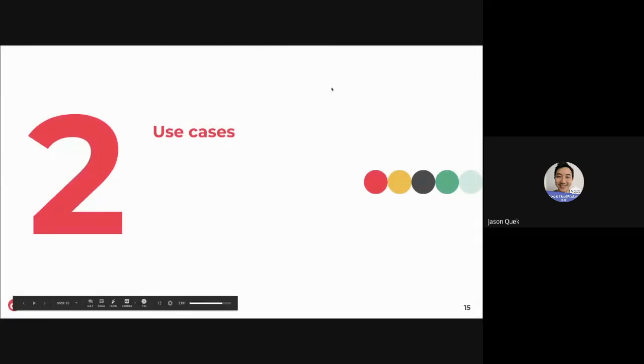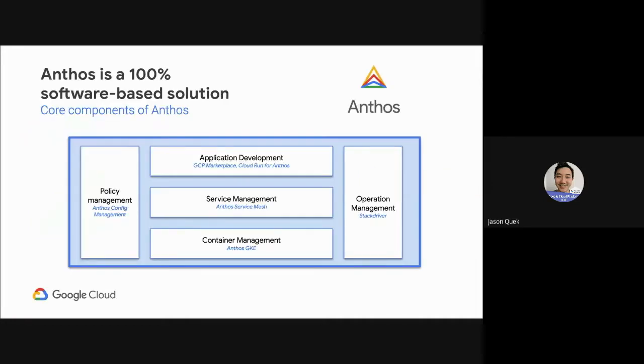So let's jump into use cases about how Anthos can help your company. Anthos is a 100% software-based solution, which means that there is no hardware you purchase. You purchase only the software. And within the Anthos license, you get a few components that make up Anthos as a product.